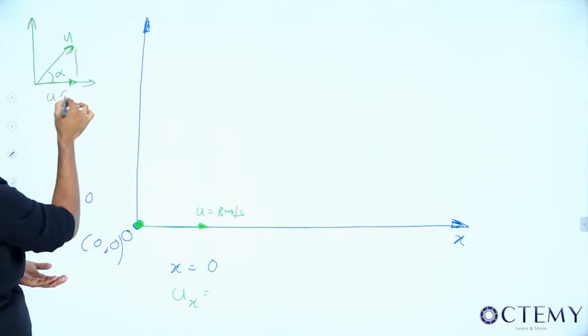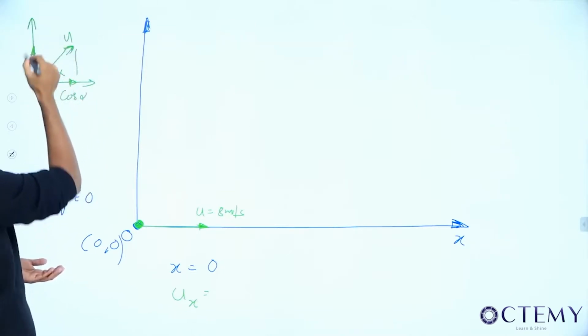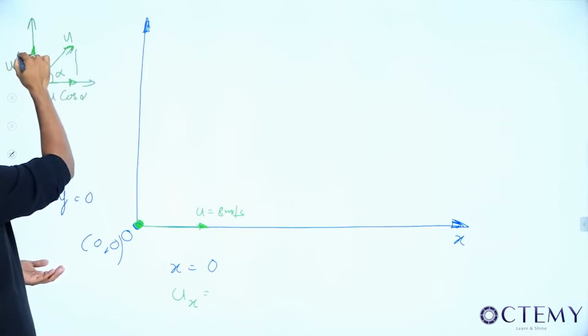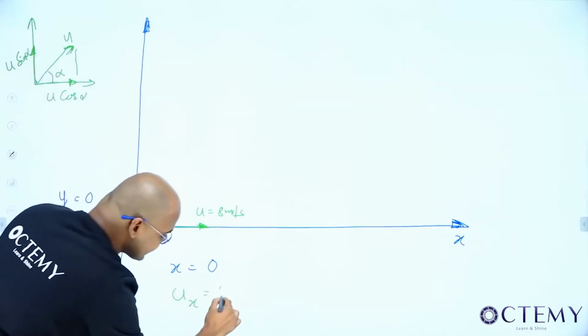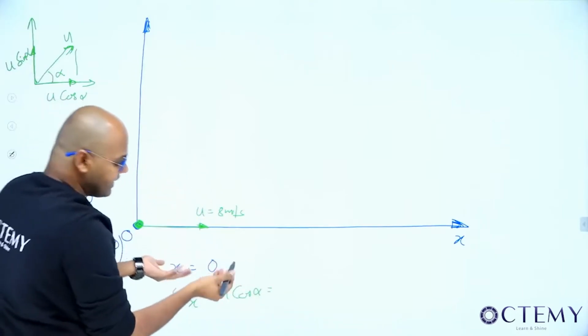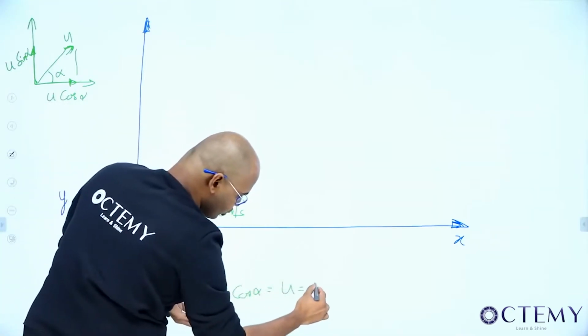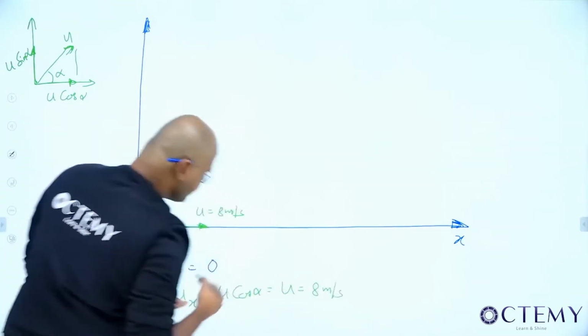Adjacent side is cos, yes, and this opposite side is sine. So ux is nothing but u cos alpha, if suppose it is given some angle. Now cos alpha, what is alpha? 0 degrees. Cos 0 is 1. That is nothing but u, 8 meter per second initially.